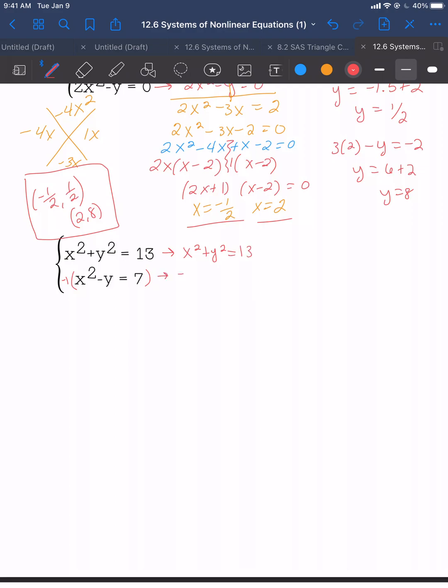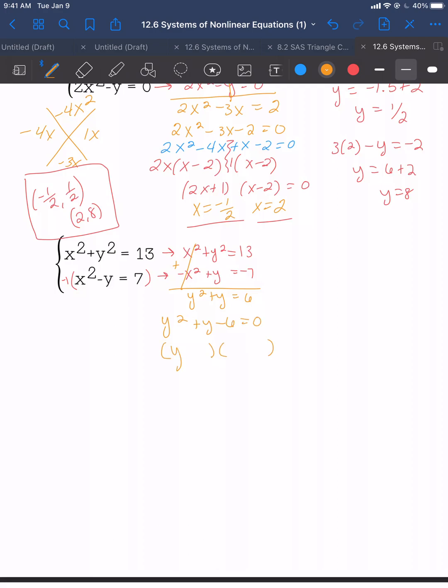The bottom is -x squared plus y equals -7. My x squareds are opposite, so those eliminate. So we're left with y squared plus y equals 4. Just kidding, that would be equals 6. So this is y squared plus y minus 6 equals 0.